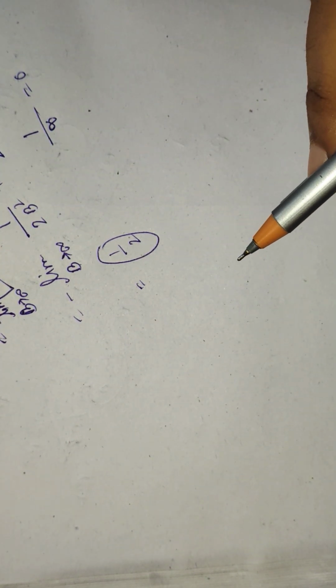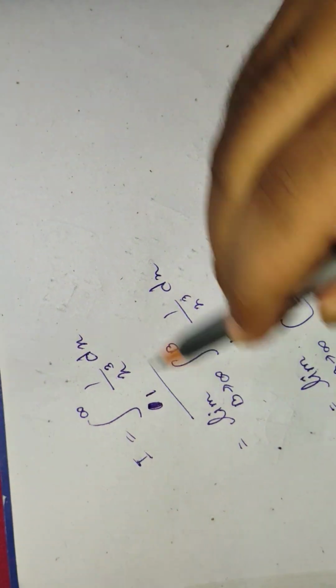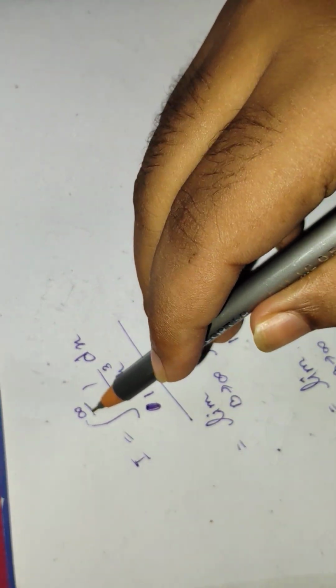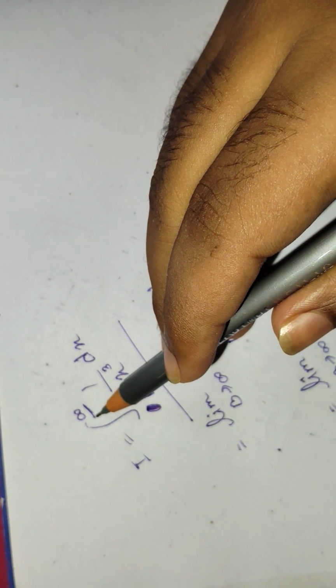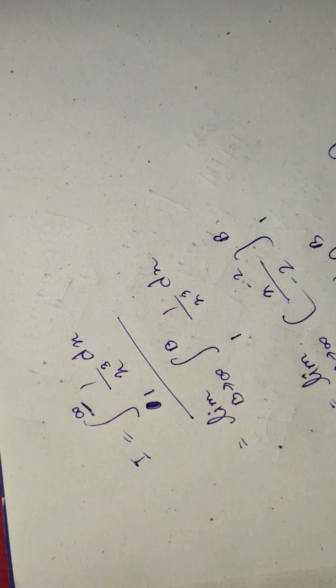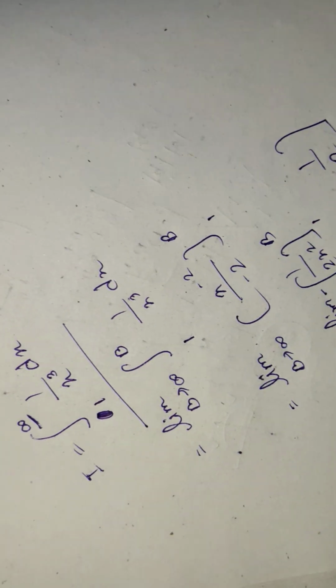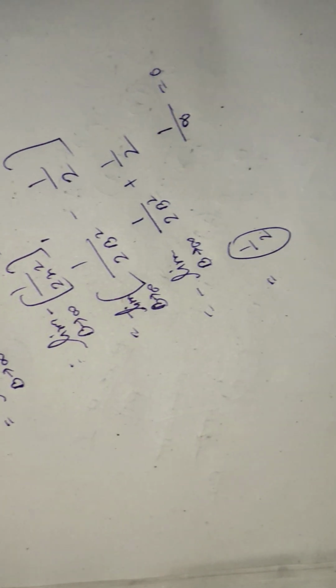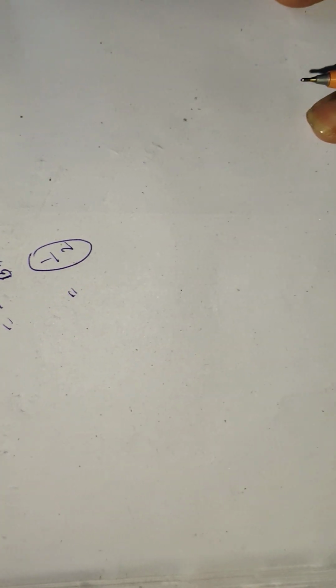And you have to write why this integration is an improper integration, because first of all we have an infinity at the upper limit, that's why it is an improper integral.